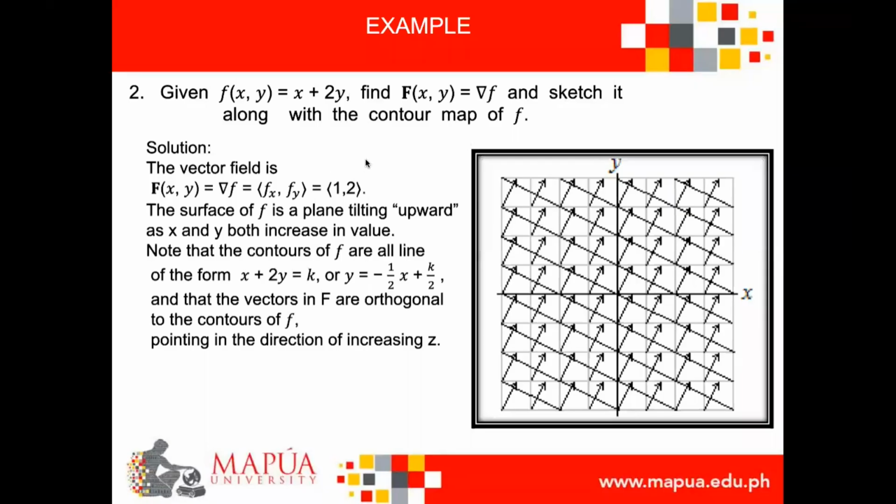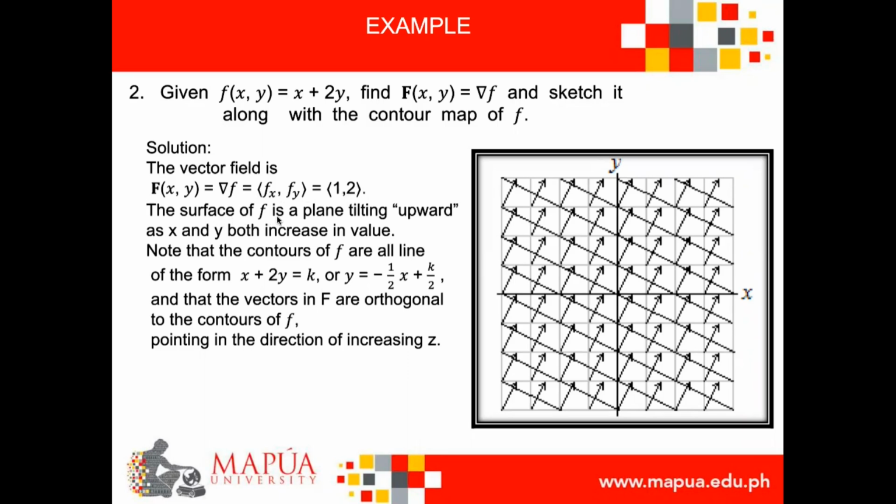This is the solution provided by using Matlab. As you can see, it's almost similar to what I have drawn or sketched. And it says here the vector field f of x, y is gradient f equals f sub x, f sub y equals 1, 2. So these are also the same values that I obtained a while ago.